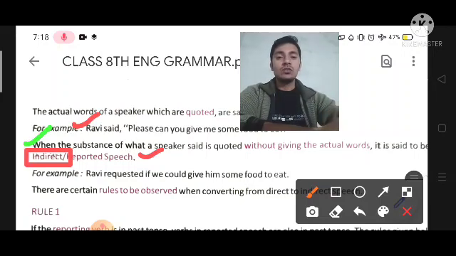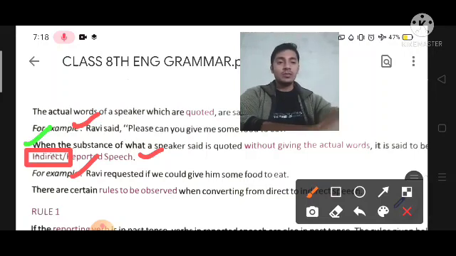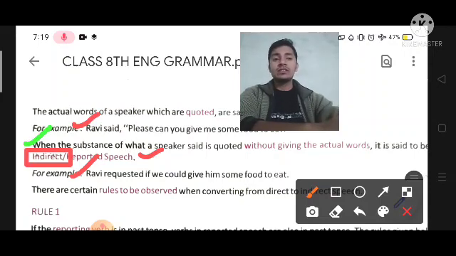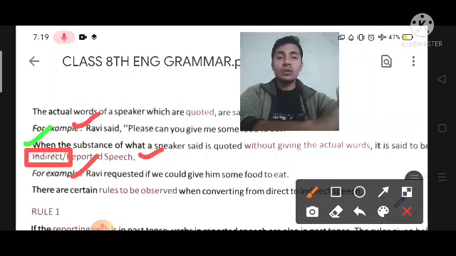So now we will understand what is indirect speech. You can see from here, this is the example. This is not the actual word that is said by Ravi. Because over here Ravi requested if we could give him some food to eat. It means the meaning is the same. But this is not the actual word said by Ravi. The actual word said by Ravi is: please can you give me some food to eat.